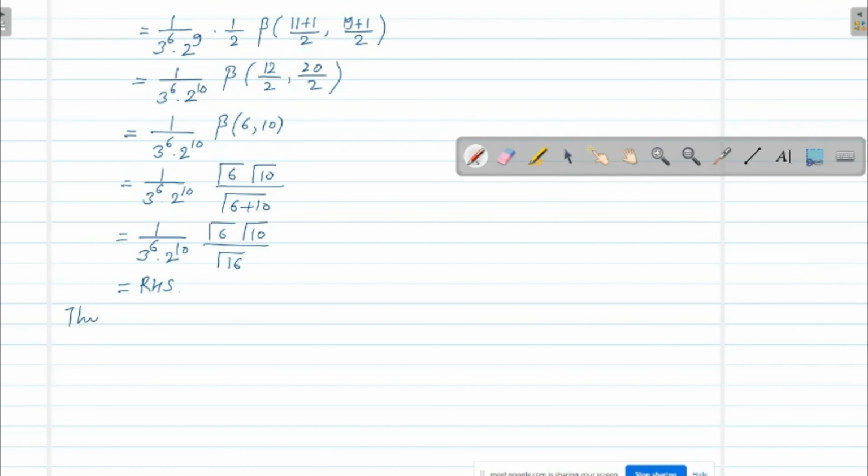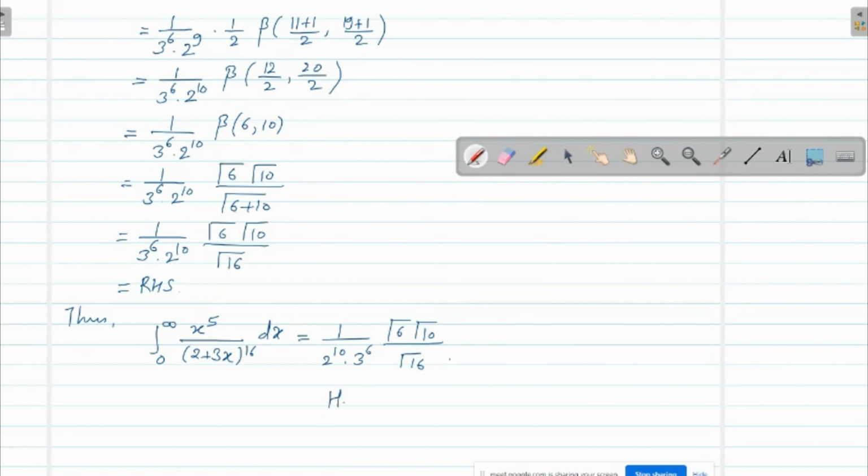thus you can write like this: integration of limit 0 to infinity x raised to 5 divided by (2 plus 3x) raised to 16 dx equals what? 1 upon 2 raised to 10 into 3 raised to 6, gamma of 6 into gamma of 10 divided by gamma of 16.